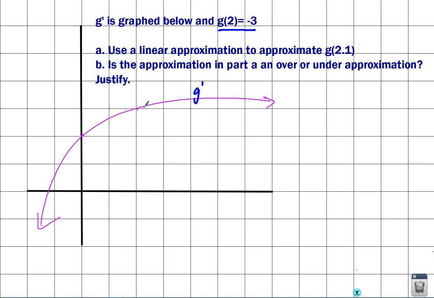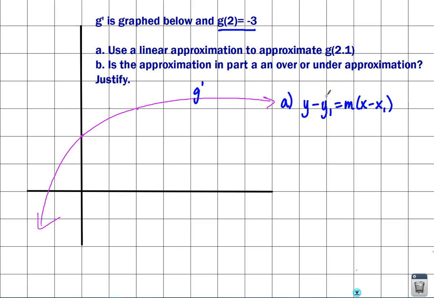And so in order to find a linear approximation, I essentially need y minus y1 equals m times x minus x1, okay? Because I need to find a line. And anytime we need a line, you need two things. You need a point, x1, y1, and you need a slope.